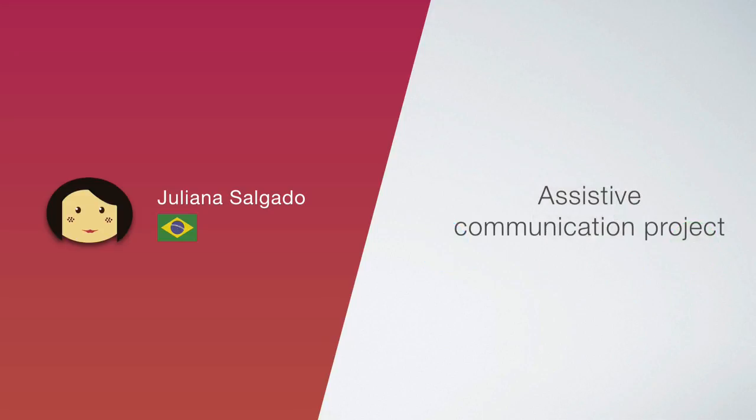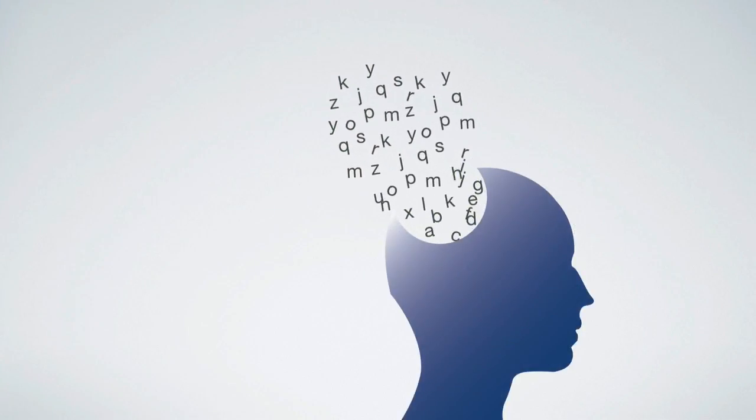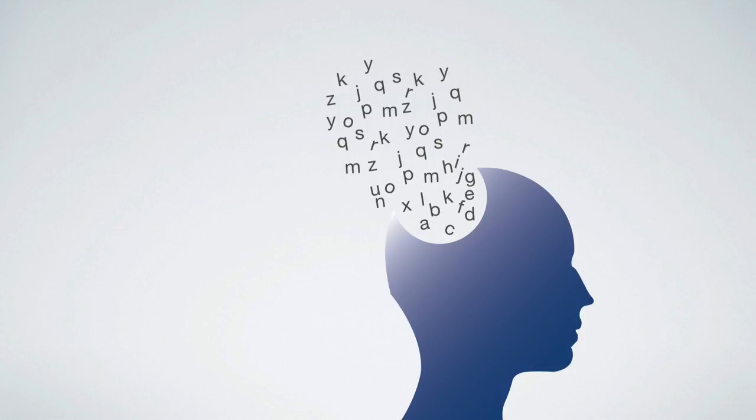Back in 2014, I published one article about an assistive communication project to help aphasic people and improve their recovery. For those not familiar with aphasia, it's a disease that damages the part of the brain that deals with language.